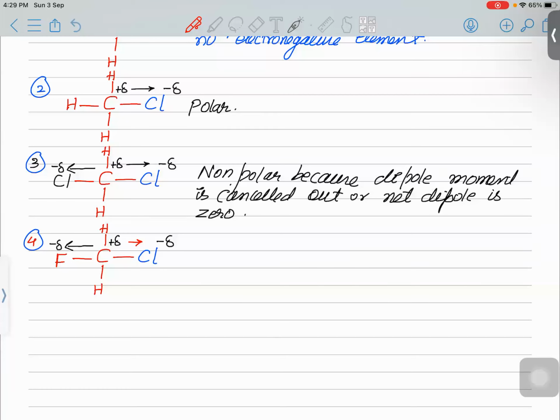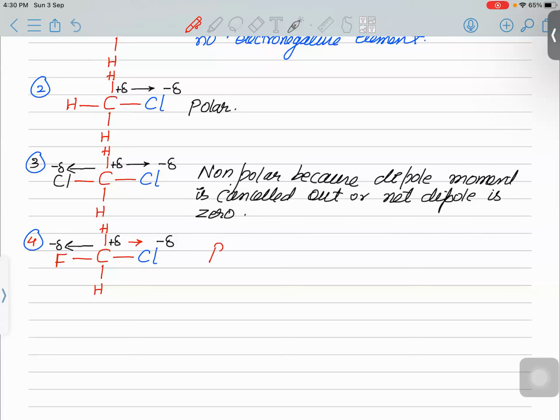Because fluorine and chlorine won't cancel out. Exactly, you are right. Because fluorine has more electronegativity than chlorine. You know the FON club: fluorine, oxygen, nitrogen, then chlorine, bromine. So the electronegativity of fluorine is greater than chlorine.